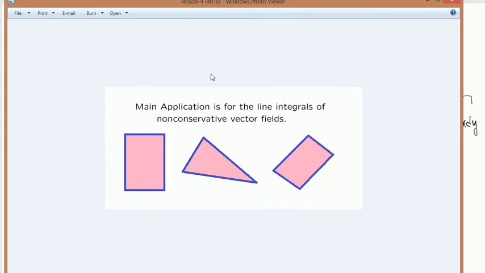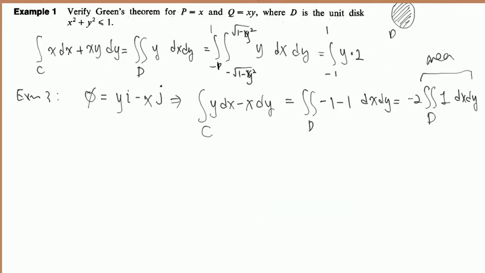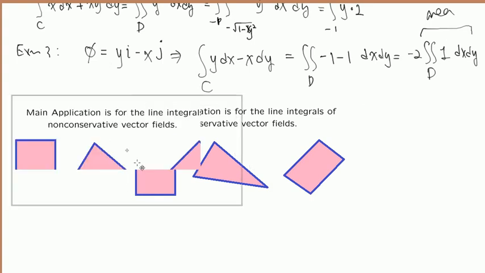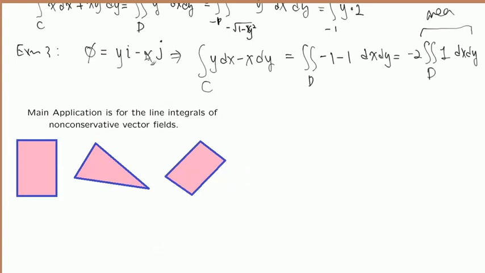All right. Next thing I want to talk about is this main application of the line integral. This is something we have done already in an early example. That's one application, proving conservative or not and things like that. But if you have a line integral problem over a closed curve, regions like this, like that, and like that, and you have to come up with a formula for these 4 different segments, or these 3 different segments, and go through long and tedious calculation of the line integral, well, what else can you do?